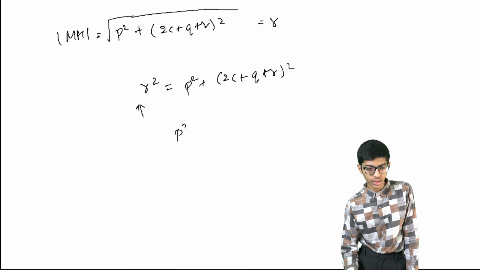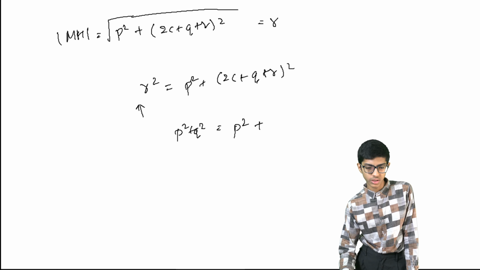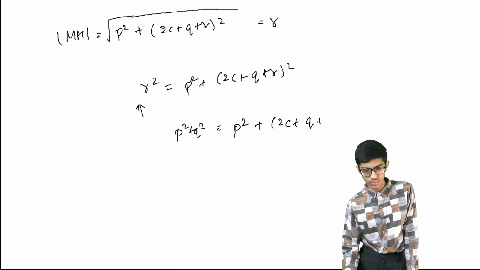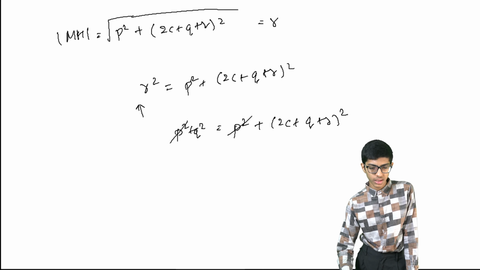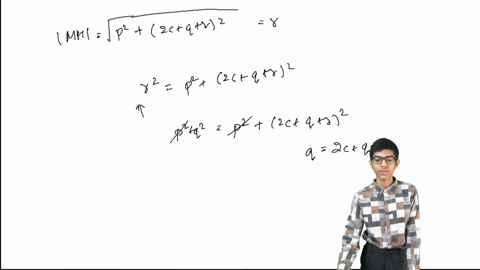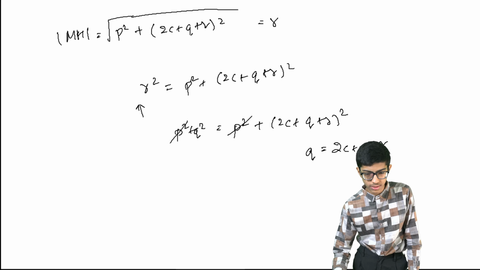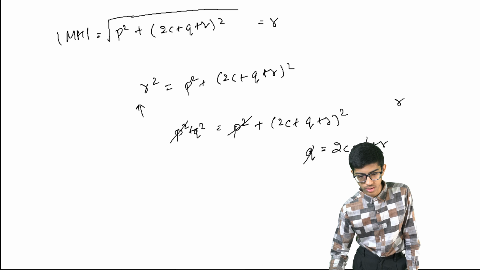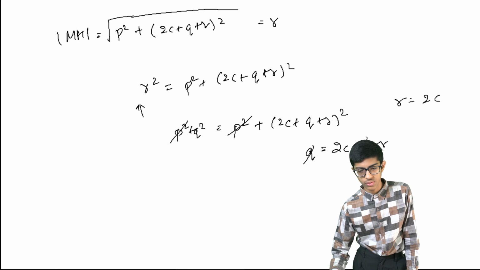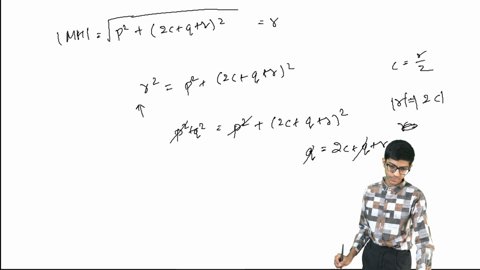Substituting r squared by p squared plus q squared, we get p squared plus q squared equals p squared plus (2c plus q plus r) whole squared, and hence q equals 2c plus q plus r. We only take the positive values, or only the magnitudes, we ignore the signs, and this gives us r equals 2c just for the magnitudes, and hence c equals r by 2.